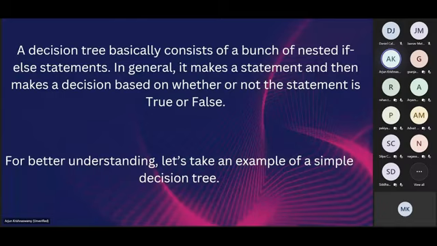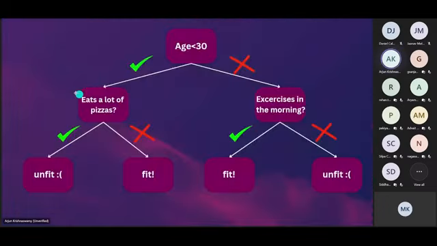So at each point, we ask ourselves a question, we make a statement, and then make a decision based on whether the statement is true or false. So this tree can be divided into a bunch of nested if-else statements. It'll be made more clear if we take a simple example.